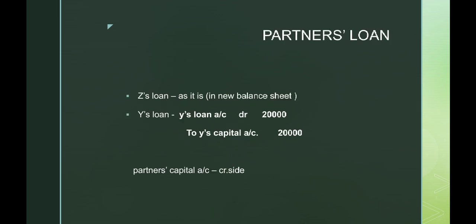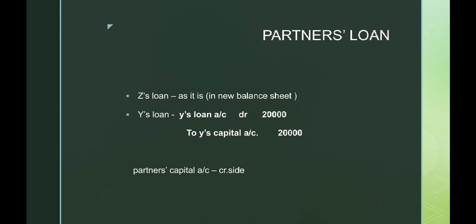Okay, we have a new concept here, partner's loan. Yes, please come back to your question. In your question, which is given on page number 227, your old balance sheet, on the credit side if you will see, it is written partner's loan.